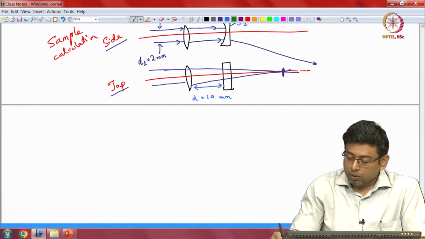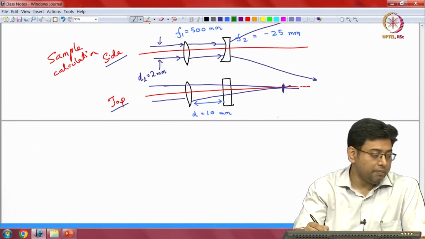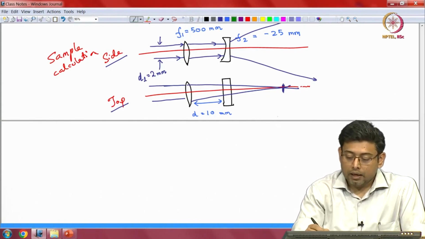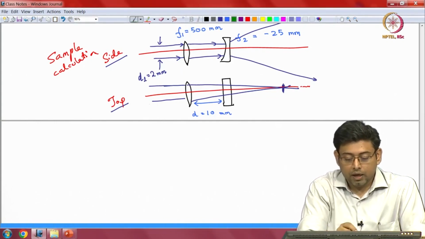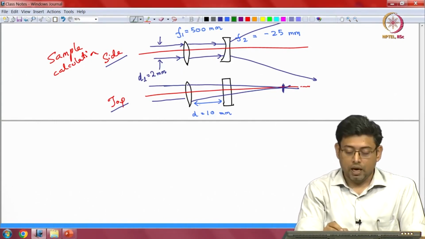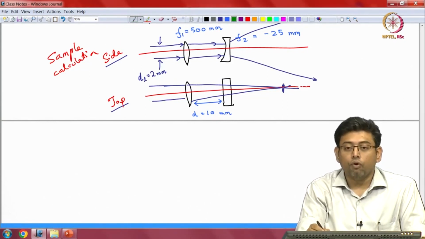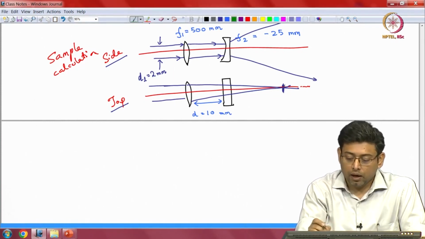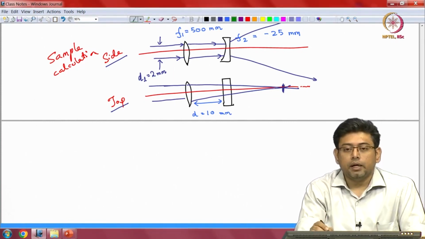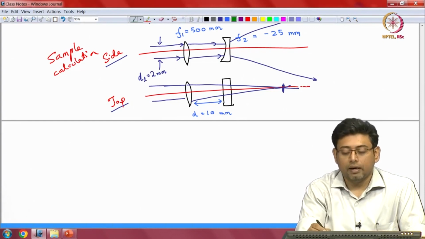Now, this location is the back focal plane, and this is where, because of the nature of the two lenses, the light rays come and become focused onto a spot. We will discuss the issue of the spot a little bit later, but in geometrical optics these two rays will come and meet at a point. The entire collimated set of parallel rays is supposed to come and meet at a single point here.